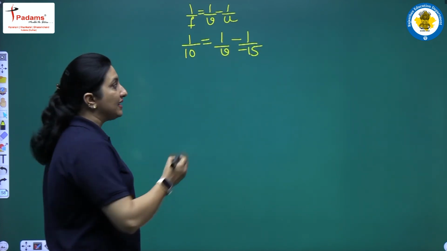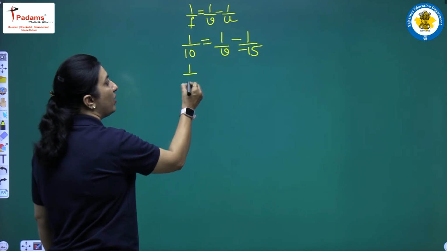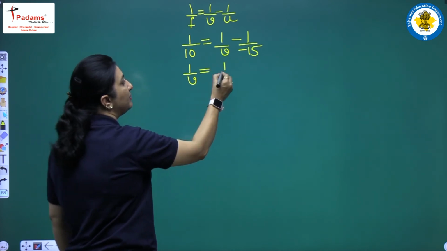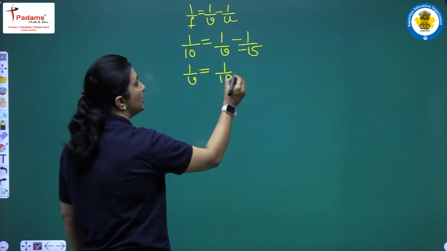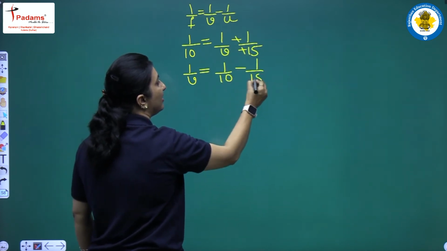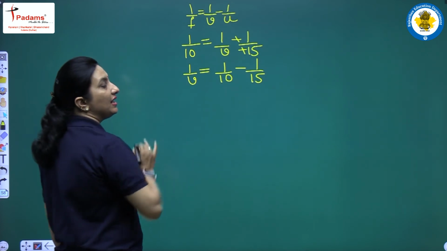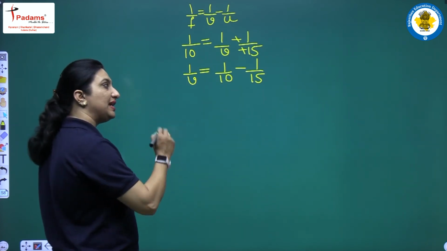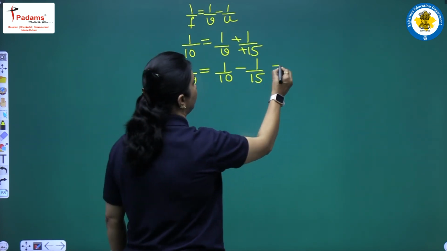So, on rearranging, what I get is that 1 upon v comes out to be 1 upon 10. This negative sign will go with this negative sign. So, on taking it on the left hand side, we will get again a negative sign.